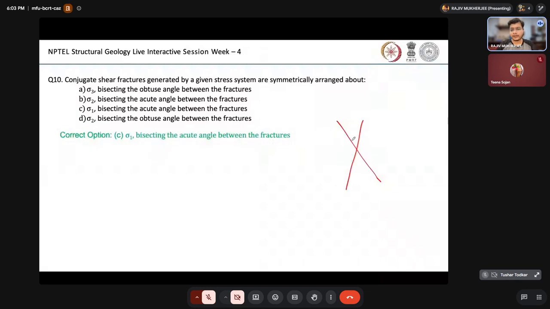So this is the acute angle. So sigma 1 will bisect. So this is how sigma 1 will work.